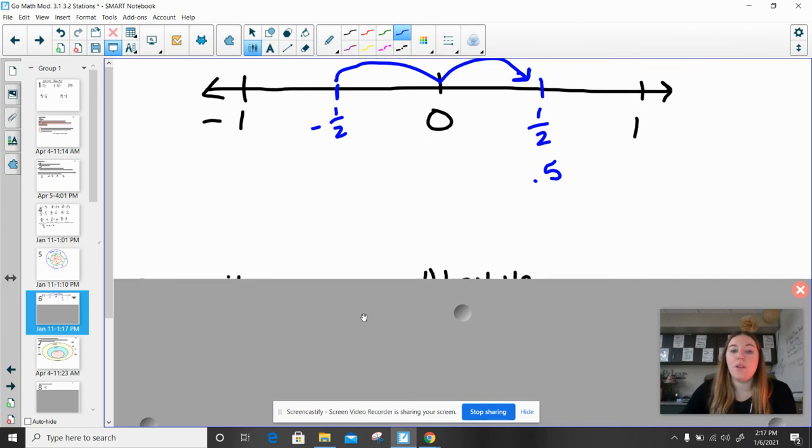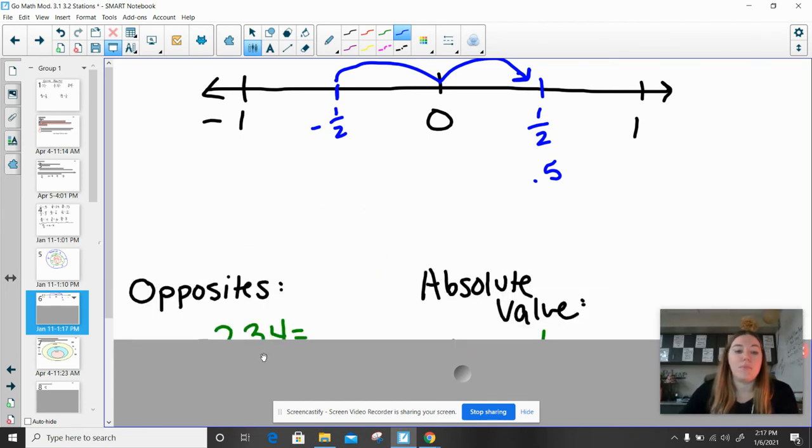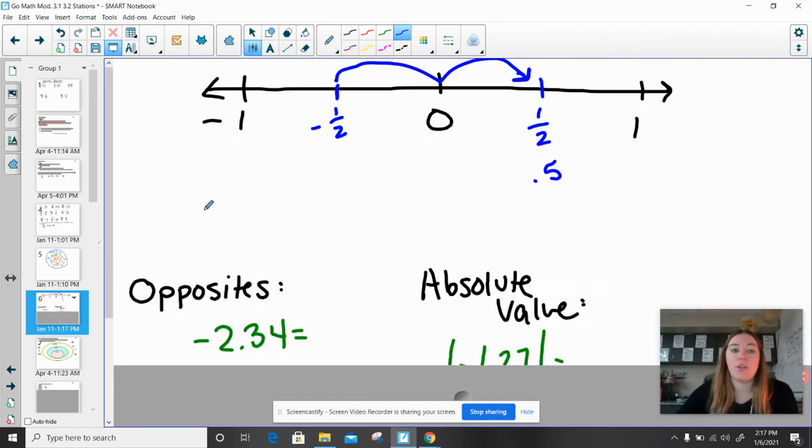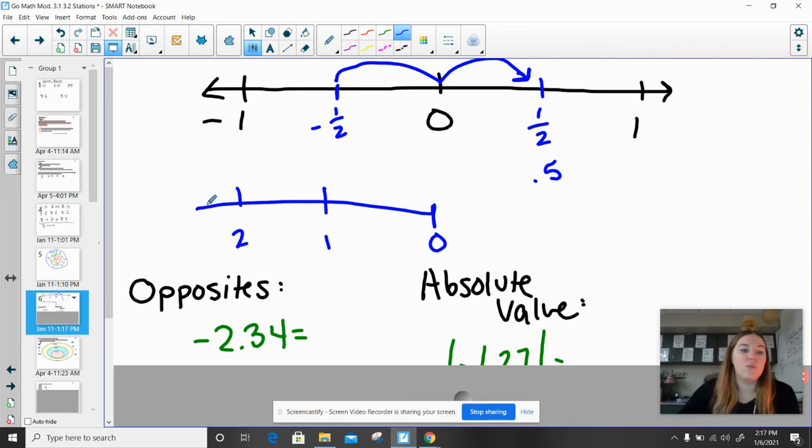This is important when we look at numbers like, let's say, negative 2.34. If this was my number line, this is 0, 1, 2, a little further here, 3. I know that this is 2 full hops away from 0, 1, 2, and then it's a little bit more of a hop to actually make it to negative 2.34.